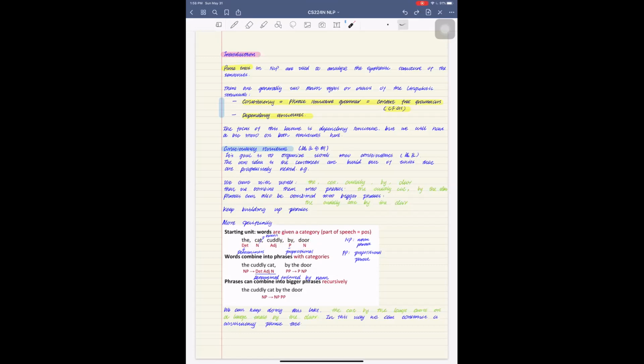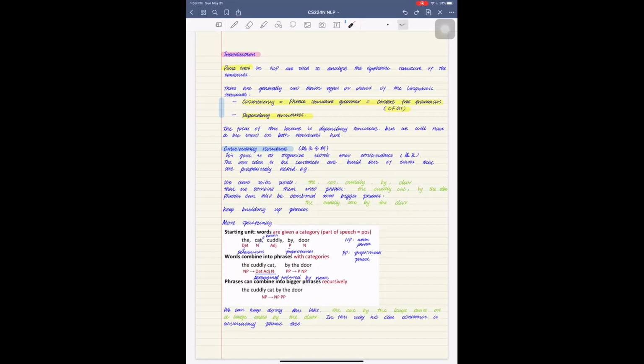Next we combine them into phrases like we did previously, but now we add a label on top of that. So we do "the cuddly cat". We use the determiner, on top of that we add an adjective, and on top of that a noun. Together, this is constructed as a nominal phrase.